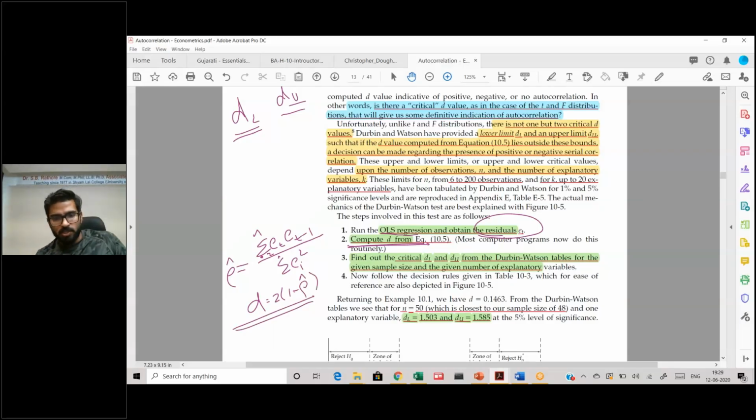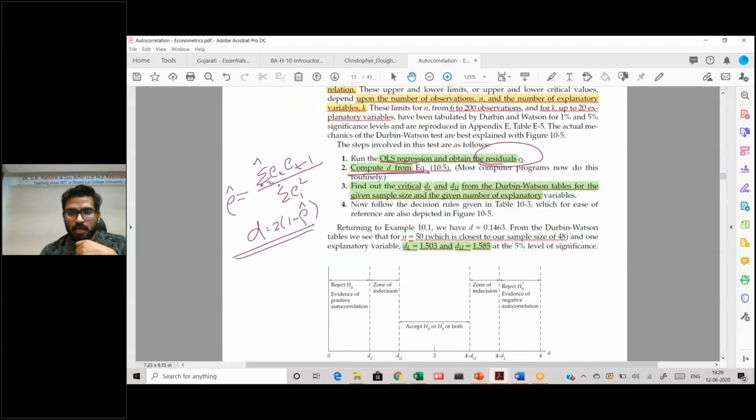Now what you need to do is, you have the number of observations with you. Suppose in our case our sample size is 48, so the closest one is 50, and you have to check at 5% level of significance. So you need to find these 2 different values, and how many K is there? You only have 1 K. You have only one explanatory variable.